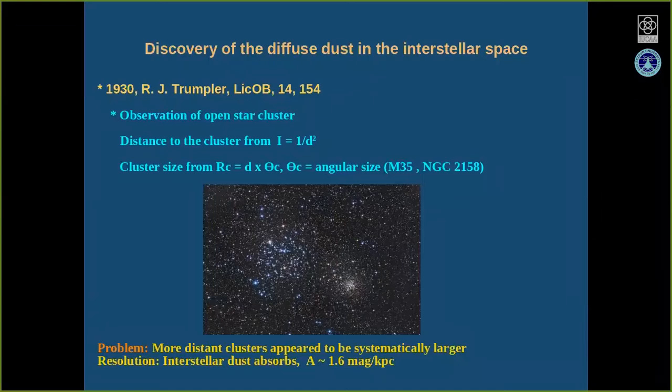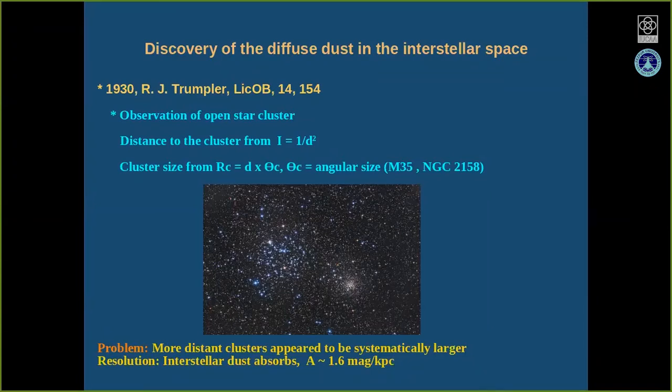It will absorb some amount of light as well as scatter some amount of light. Some wavelengths will be scattered and some wavelengths will be absorbed. If it is absorbed, then it will be reddened. If it is scattered, then it goes off. This is the reason why interstellar extinction plays a very crucial role in astronomy and astrophysics.